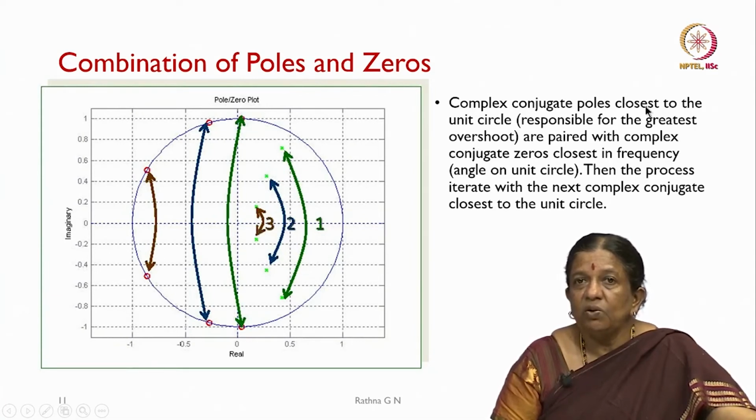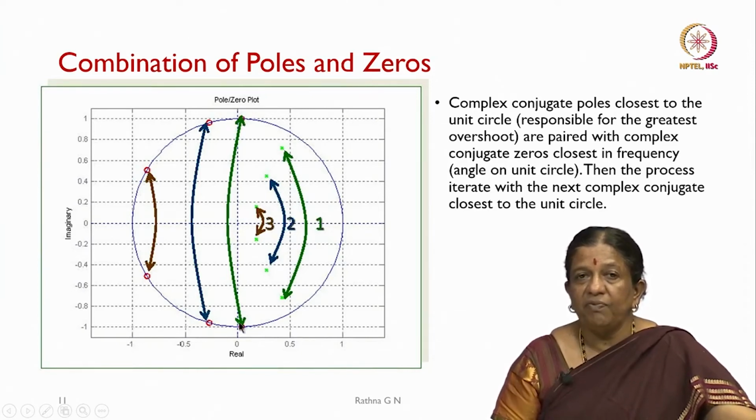We say the one closest to the unit circle is named 1, responsible for the greater overshoot, and is paired with complex conjugate zeros closer in frequency, that is, angle on the unit circle. So we pair this one with this one.